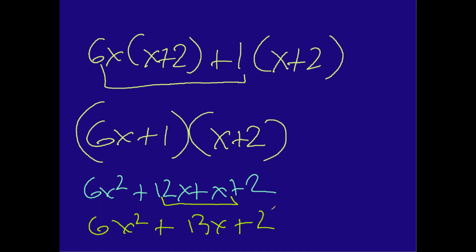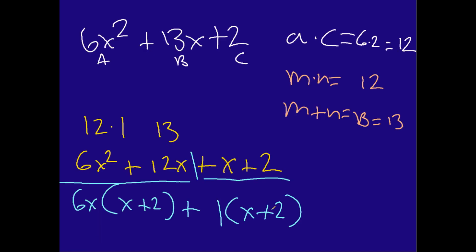So you can see the power of grouping by understanding this little simple idea of multiplying the first term, which is normally the squared term, times the constant at the end. You get the number you can use for factoring. And when you factor this number, you must keep in mind these two criteria. Whatever you multiply must equal the original number.